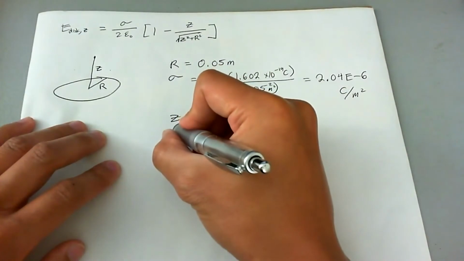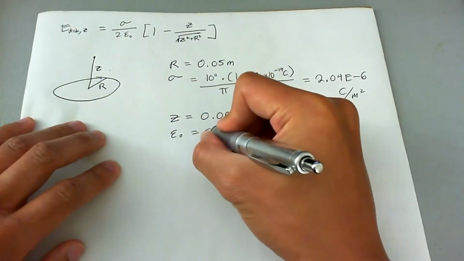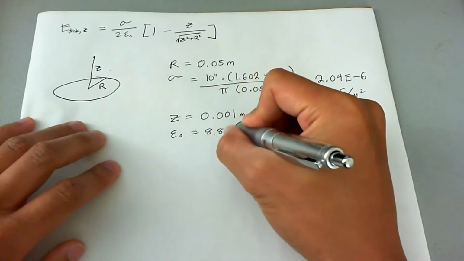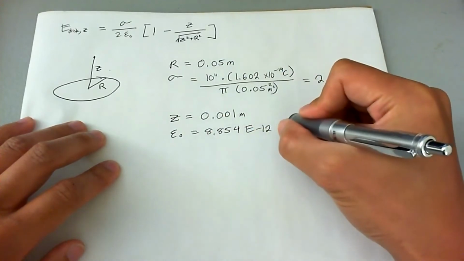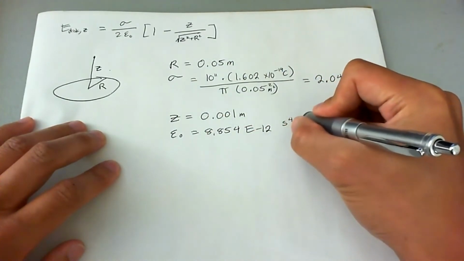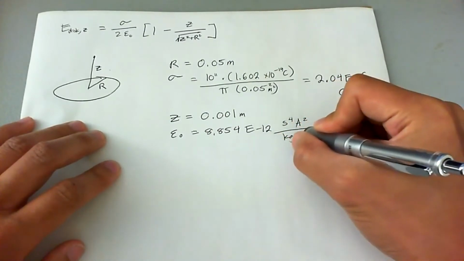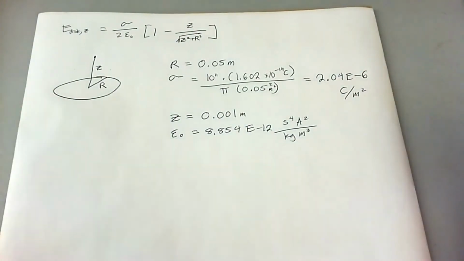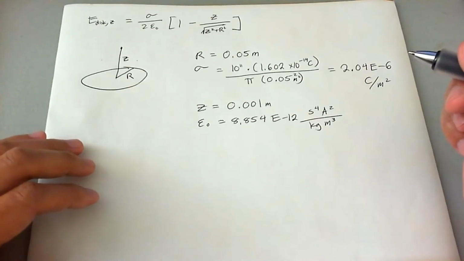And the permittivity of free space, or vacuum permittivity, is 8.854 E -12. And the units are a little complicated. It's going to be seconds to the fourth amps squared divided by kilograms meters cubed. So this is all going to work out in the end when we solve the equation.